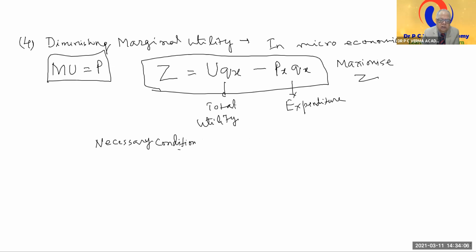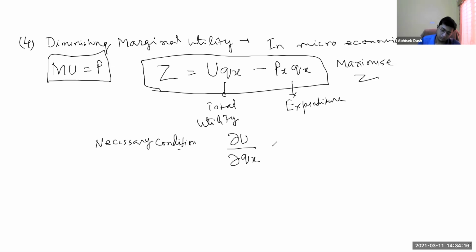Necessary condition: del U by del QX minus del PX by del QX.